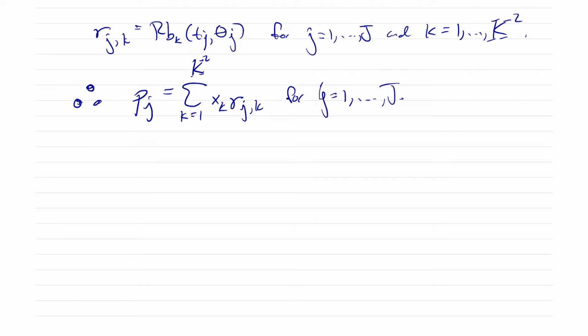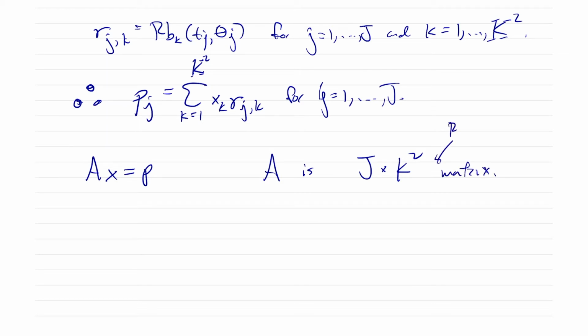Okay, so let's see. What we need is to turn this into a system of equations, Ax = P. A has to have as many columns as the size of x, and so we need x's size K squared, so the number of columns is K squared, and the number of rows has to match the size of p, so this is going to be a J times K squared matrix.